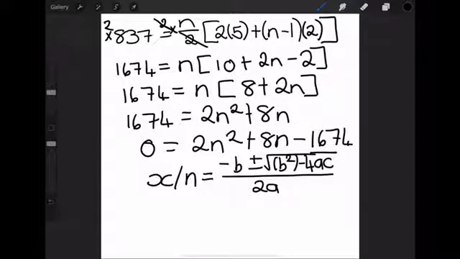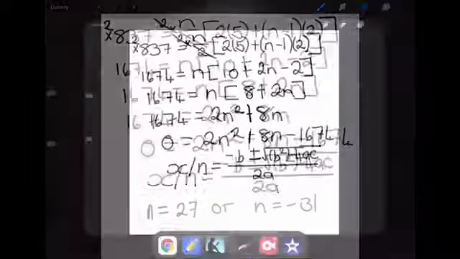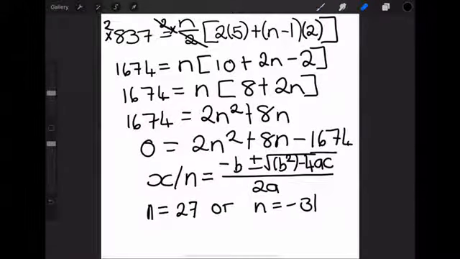So let's quickly fill it in our calculator and then we'll get our answer. We've used our calculator, we get two answers of n equals 27 or n equals minus 31. And we know that we can't have an n with a negative. Therefore, we're going to say that this is not applicable. We can't have a negative number of terms.